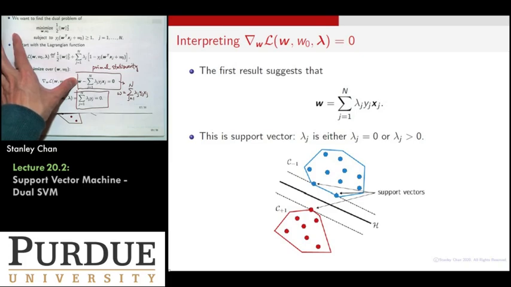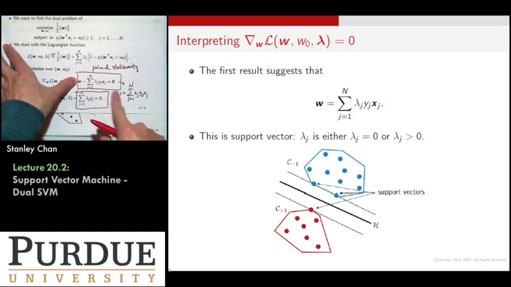This is something that you care about ultimately. According to this equation, it can be written as a linear combination of your data points. This is very surprising because you're writing your solution, your decision boundary, in terms of your data points.